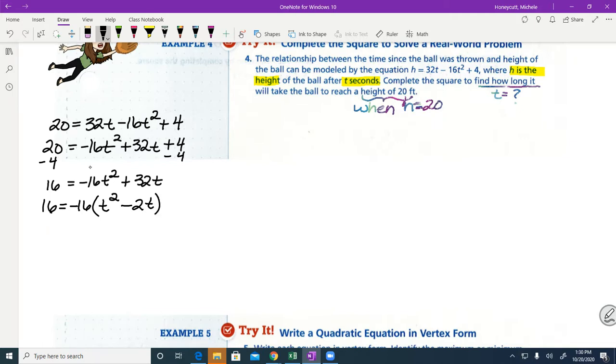Then I'm going to find the number that I add to both sides. On the right, if I take negative 2 divided by 2 and square it, negative 2 divided by 2 is negative 1, and negative 1 squared is 1. So on the right side, my equation looks like negative 16 times t squared minus 2t plus 1.